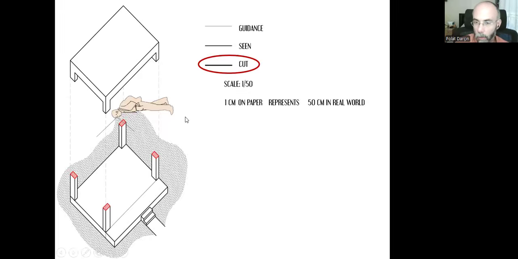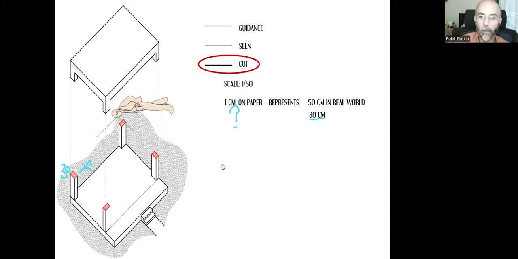So this is what we need to do. We need to calculate if I want to draw a 30 by 40 centimeter column, a rectangle on my paper in 1 over 50 scale, then I need to do this calculation. 30 centimeter in real world will be represented by how many centimeters or millimeters on my paper.